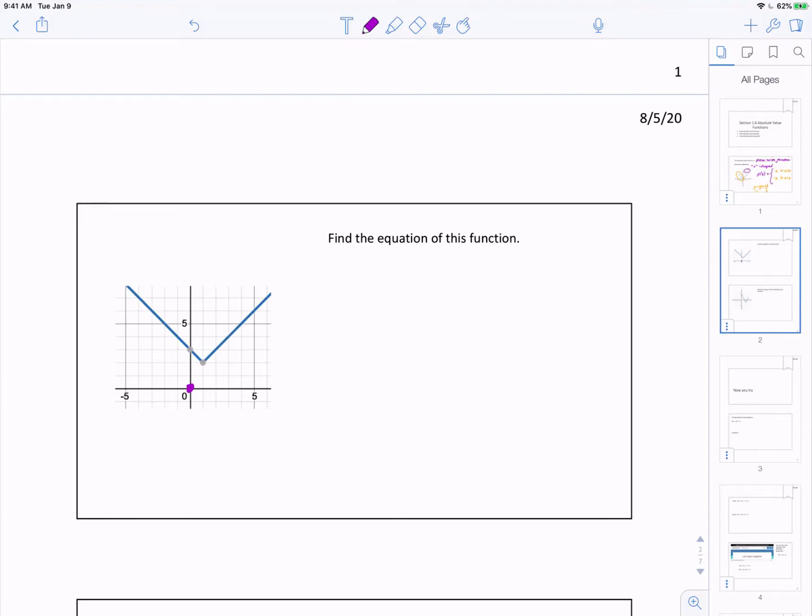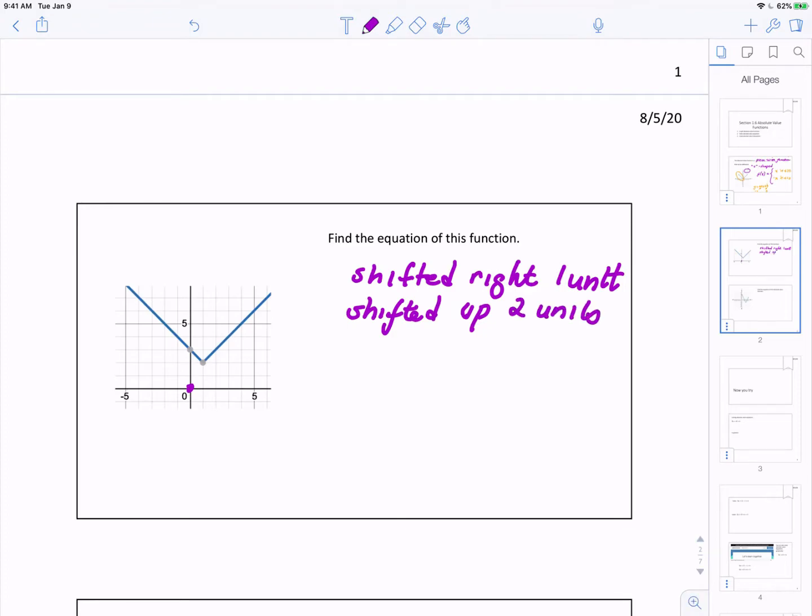But instead, it's been shifted to the right 1 unit, and it's been shifted up 2 units. And again, the way we know that is because the vertex is usually here at 0, 0, and if we look at where the vertex of this graph is, it's at 1, 2. So shifted to the right 1 unit and up 2 units.